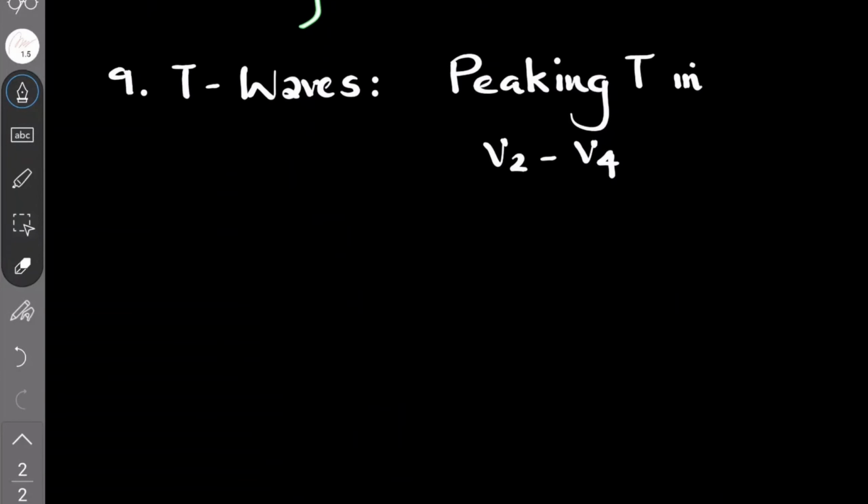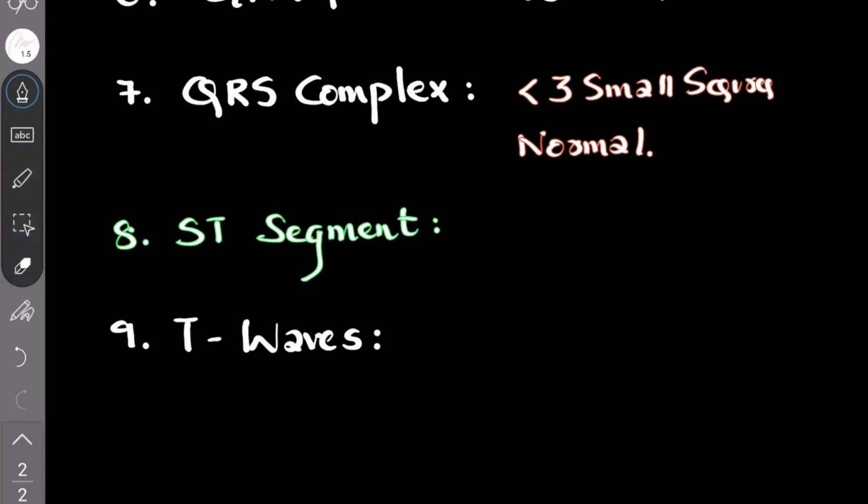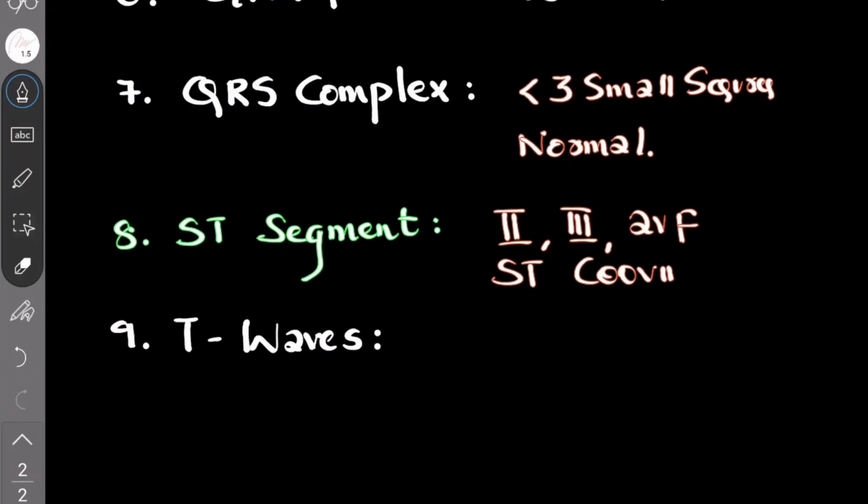So we can write here ST segment coving in 2, 3, AVF, and T wave tenting in the anterior leads.